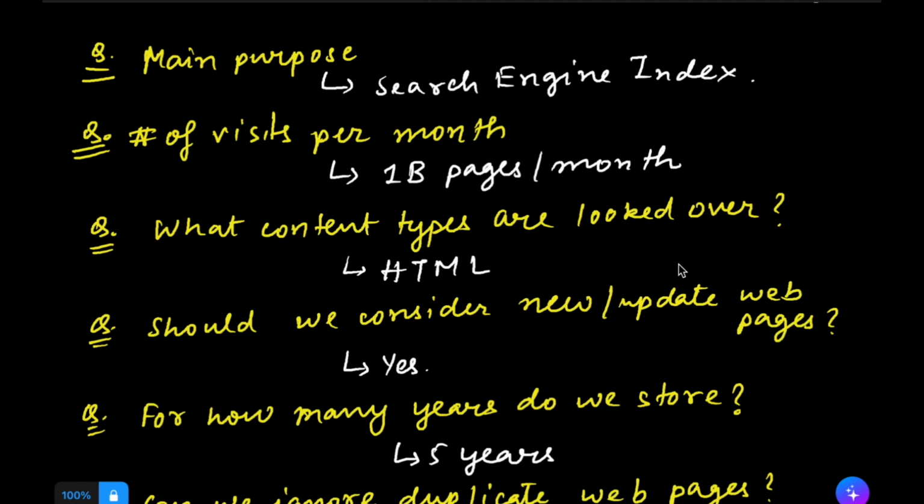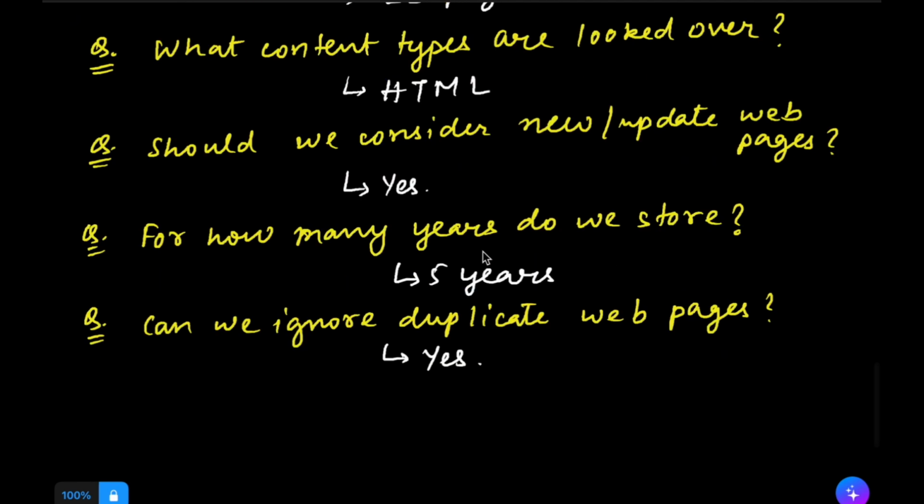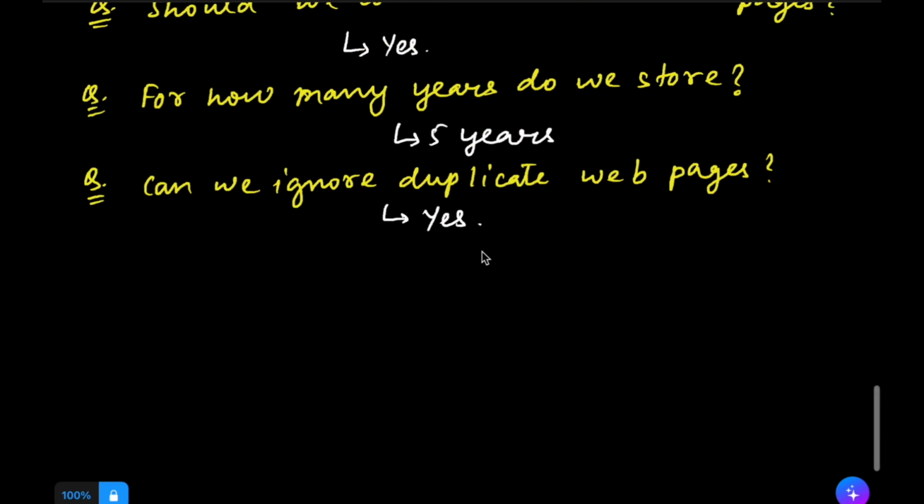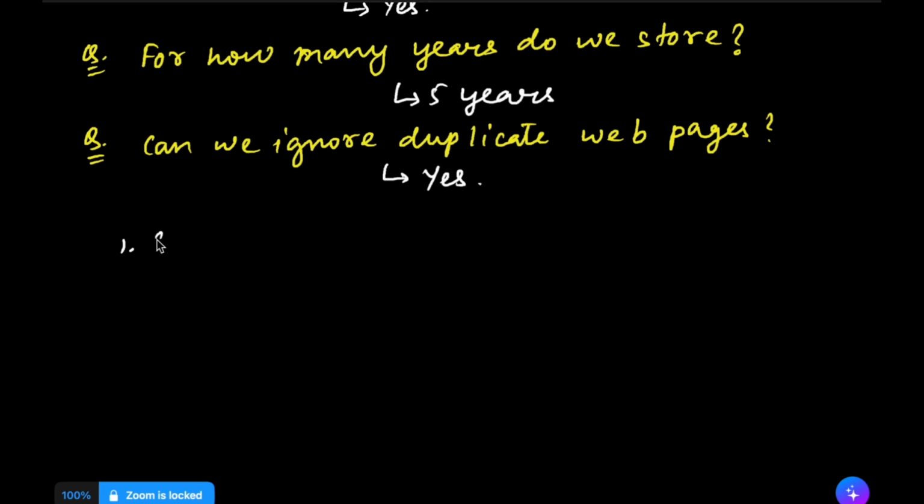There are also certain basic functionalities your web crawler should follow as requirements, like scalability. What does scalability mean here?